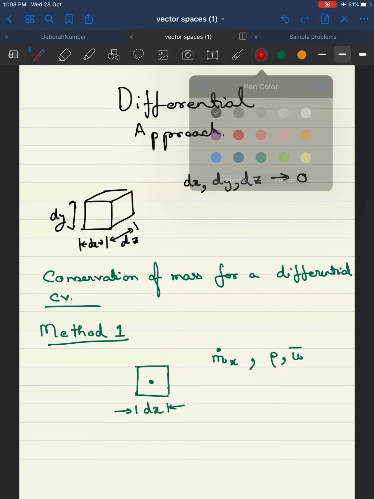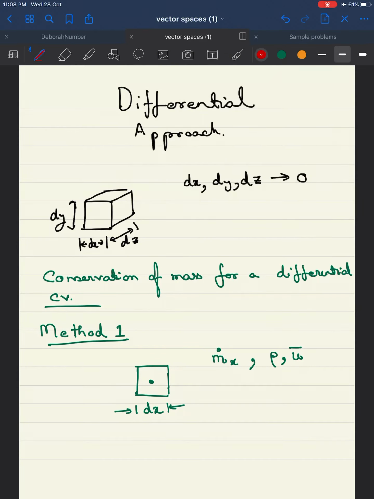There is some flux coming in from the left hand side, and some flux also going out from the right hand side, right? Right now, as I said, we'll think of it as a one dimensional problem. So my m dot through the left is just m dot x plus del m x by del x, by Taylor series expansion. You have already seen this kind of arithmetic, calculus, before.